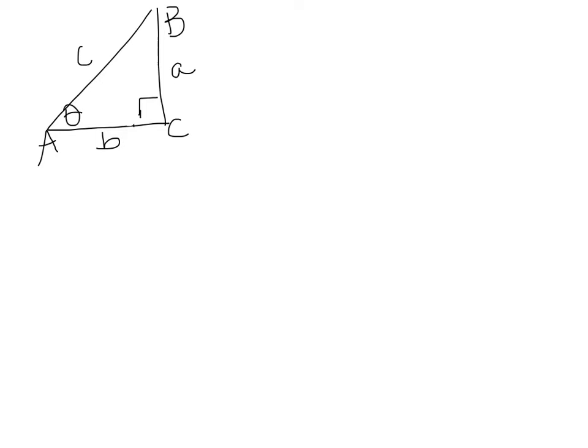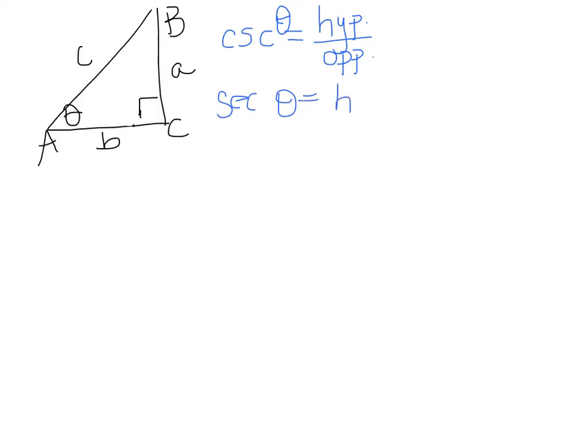So we have cosecant, which will now be hypotenuse over opposite. And that's cosecant of theta. Secant of theta would be hypotenuse over adjacent. And then cotangent of theta would be adjacent over opposite.